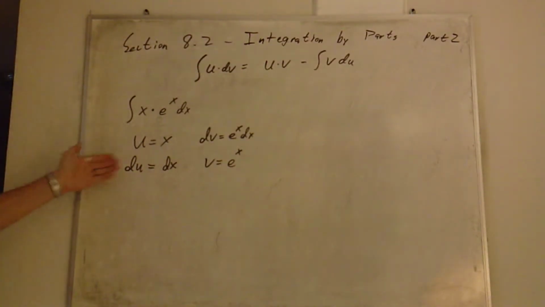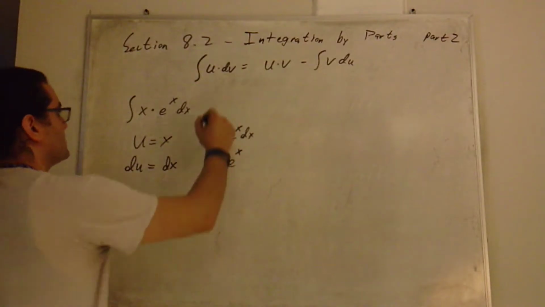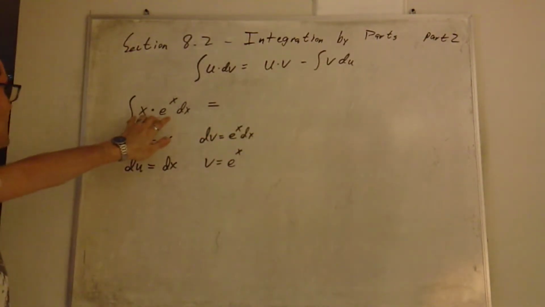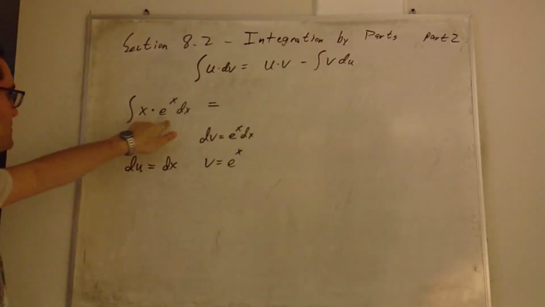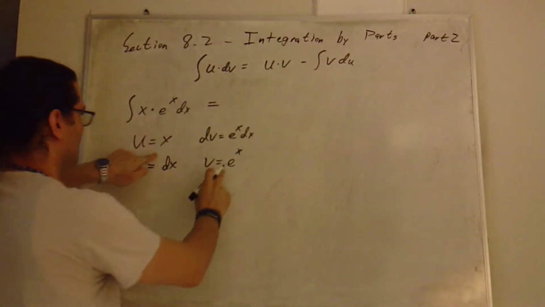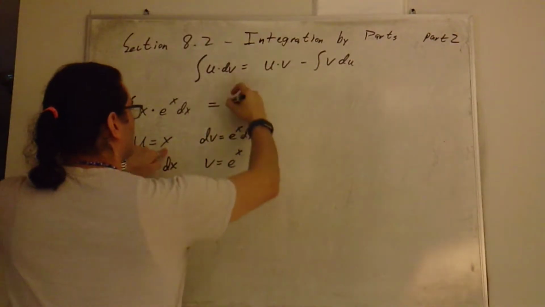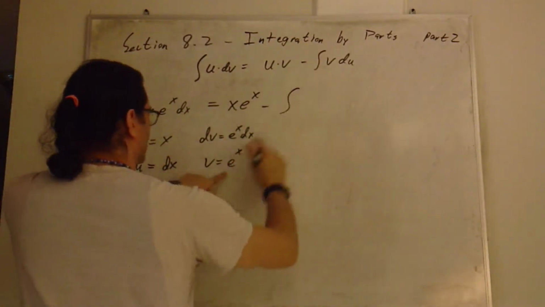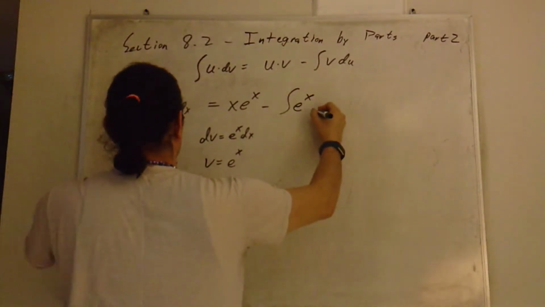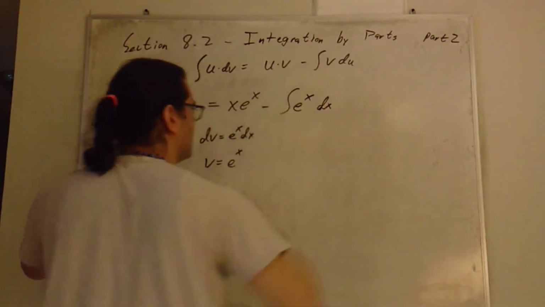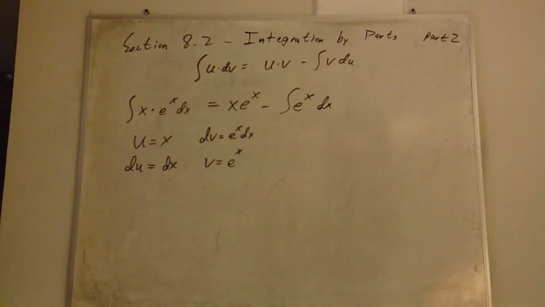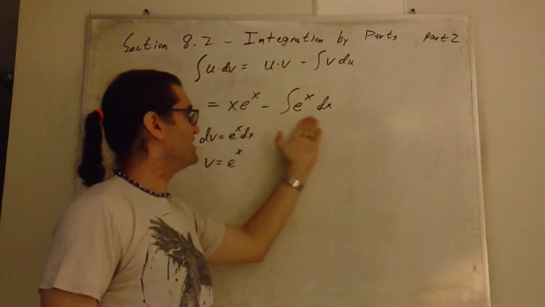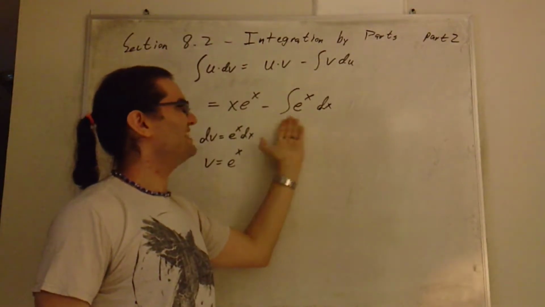Once you've got all of your pieces identified, we can just sort of plug this into the formula. So this integral, which is u times dv, is going to be u times v, x e to the x, minus the integral of v du. And hopefully at this point we can pretty clearly see that this is really easy.